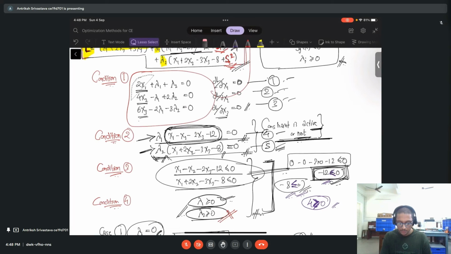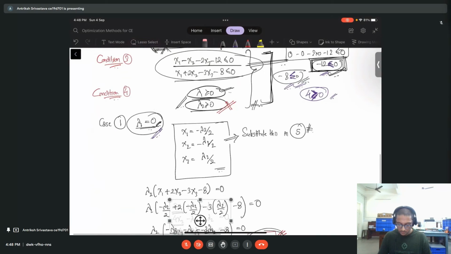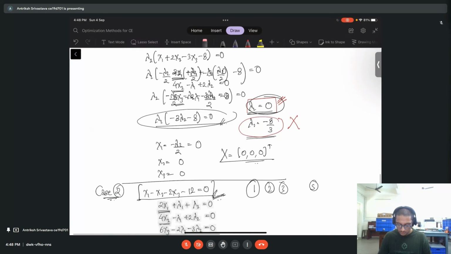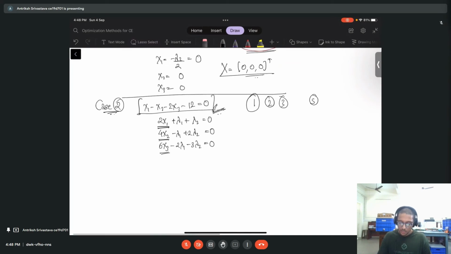So we have this. Now we can write x1 as minus lambda 1 plus lambda 2 by 2, x2 as lambda 1 minus 2 lambda 2 by 4, x3 as 2 lambda 1 plus 3 lambda 2 by 6.